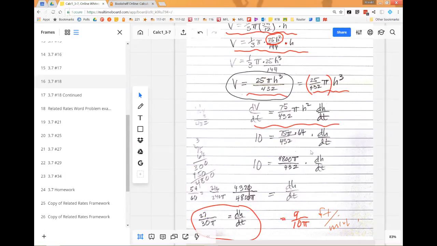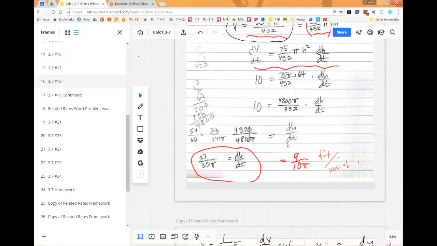Then it's just a matter of a little bit of combination of things. And I finally got it down to, as I canceled and simplified things, I got dh/dt down to 432 over 480 pi, and then I simplified, and that gave me my dh/dt, 9 over 10 pi.